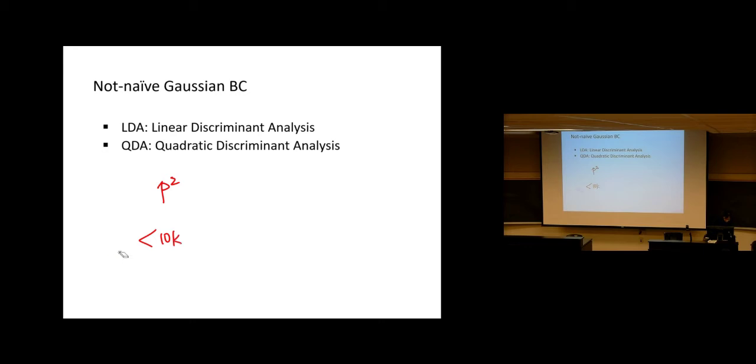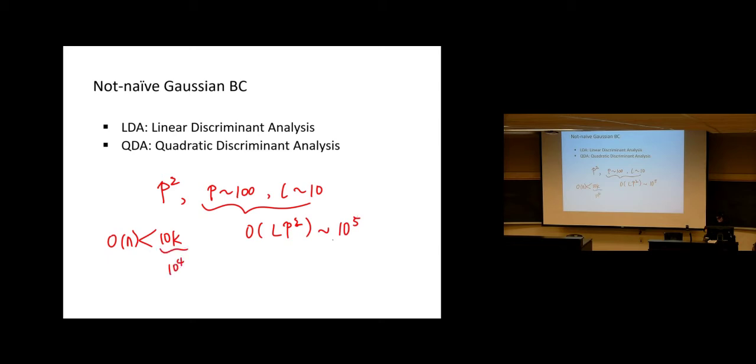So a lot of n is actually smaller than 10,000. And for this type of problem, with P just a little bit large, like 100, and L about 10, this LP quadratic is about 10 to the 5, and it's not going to work, right?